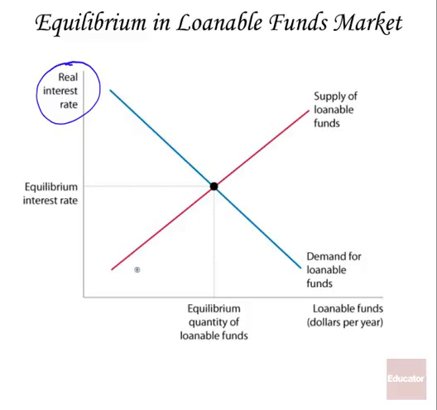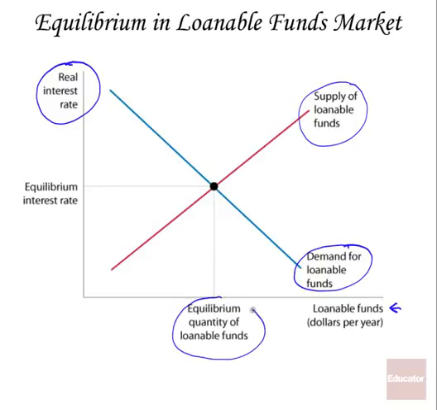So again, the supply of loanable funds is going to be an upward sloping supply curve here, and the demand for loanable funds is going to be downward sloping. The quantity on the bottom is going to be loanable funds, and the intersection of supply and demand for loanable funds is going to be the equilibrium quantity of loanable funds.